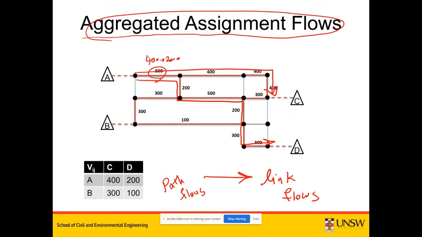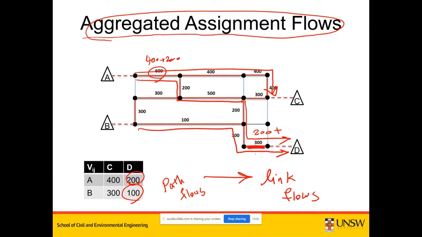And if you look at this link volume here, if I erase that, where does this 300 come from? I had 200 going from A to D, right? So this 300 is basically the 200 people going from A to D plus 100 people going from B to D, right? So this link is actually shared between two different paths, the A to D path and also the B to D path.